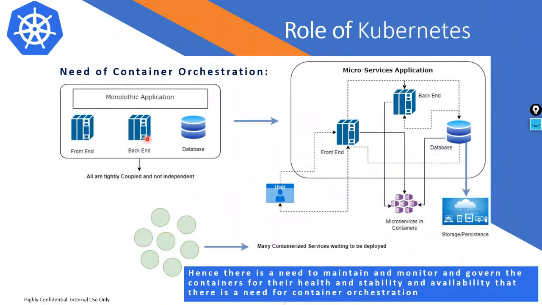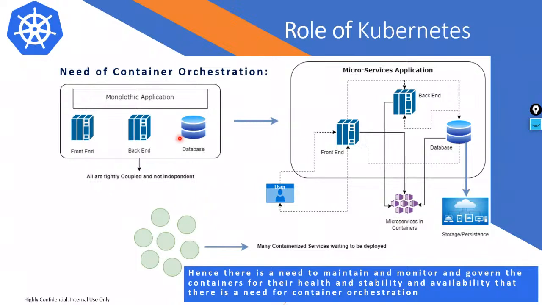That is what we were discussing, isn't it? Our world is moving from the monolithic application, a single layer application, into the microservices application. You have an application having a front end, back end, and database.